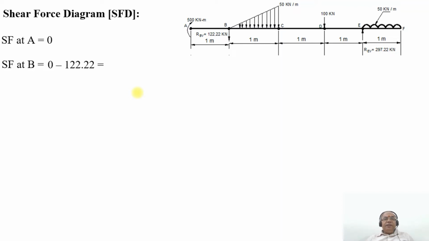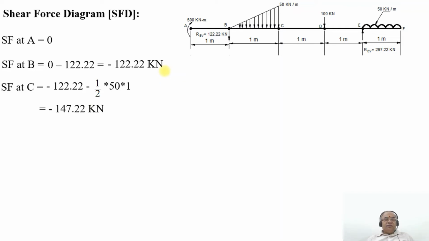SF at B will be 0 minus 122.22, which is minus 122.22 kilonewton, acting downwards. SF at C will be minus 122.22 minus half into 1 into 50, which is minus 147.22.